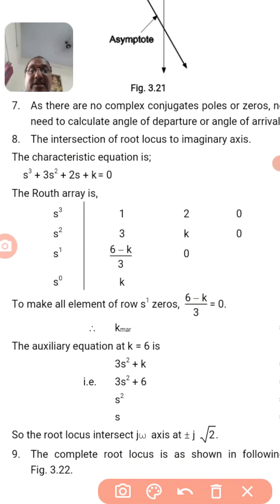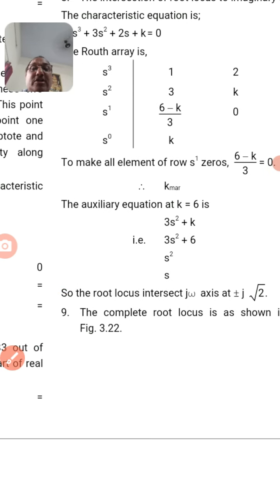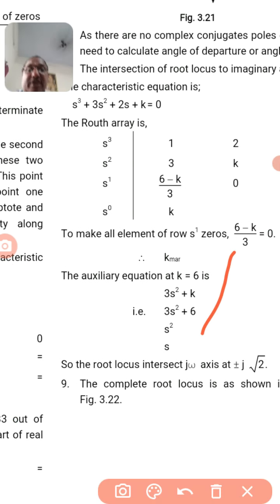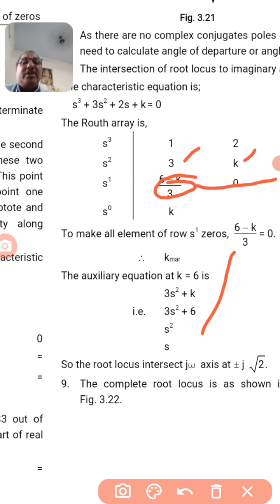It is like this. Now the auxiliary equation at k is equal to 6. The auxiliary equation is the equation where this row is equal to 0, and this will give me the auxiliary equation like this: 3s square plus k is equal to 0.